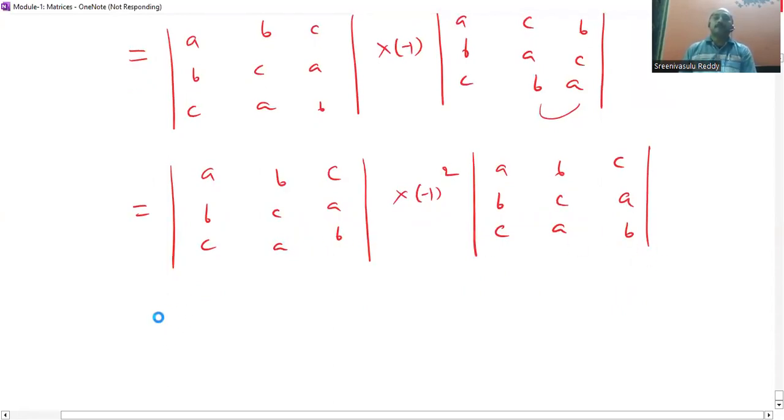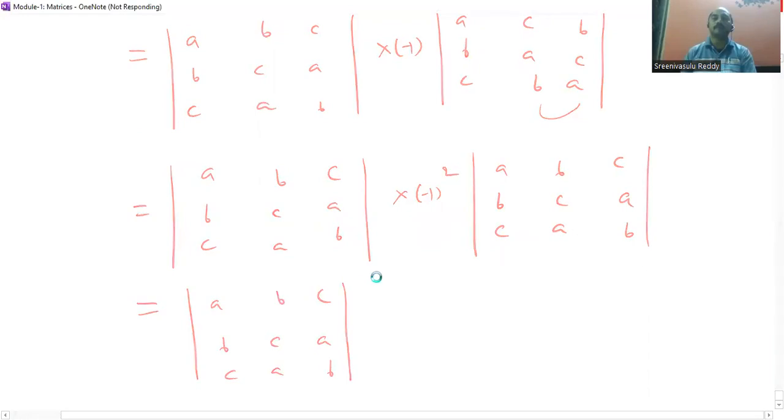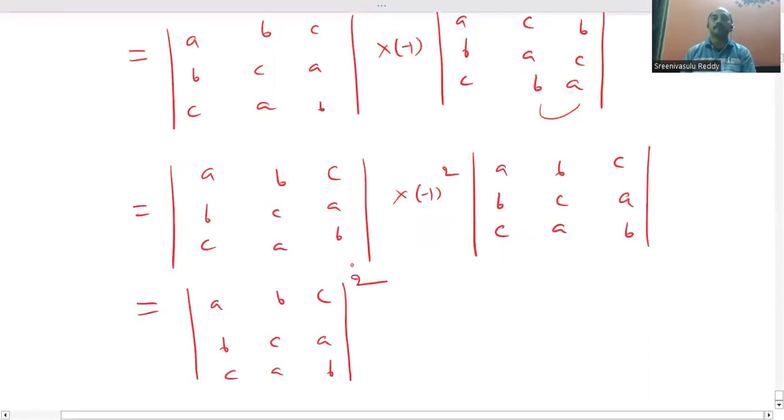So this value is nothing but A, B, C, B, C, A, C, A, B whole square.